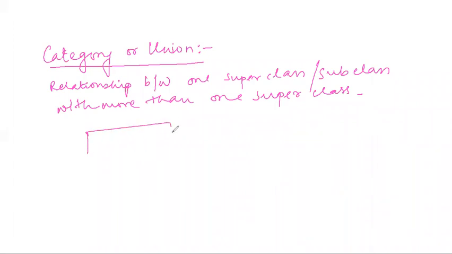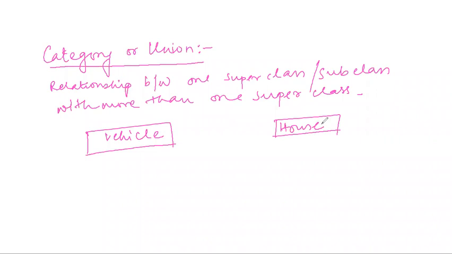Suppose I have one entity or a superclass named vehicle, and I have another entity named house. Now you tell me that the owner of one vehicle can be the owner of a house, or the owner of a house can be the owner of a vehicle.